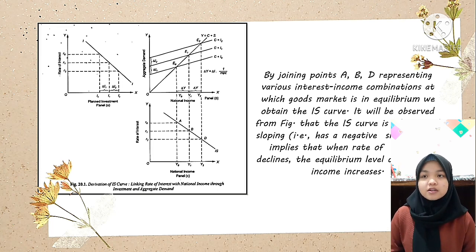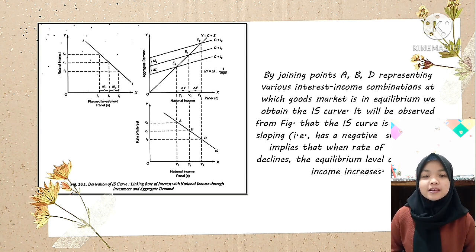Now, if the rate of interest falls to OR1, the planned investment by business increases from OE0 to OE1. With this increase in planned investment, the aggregate demand curve shifts upward to the new position C plus I1 in panel B, and the goods market is in equilibrium at OY1, level of national income.